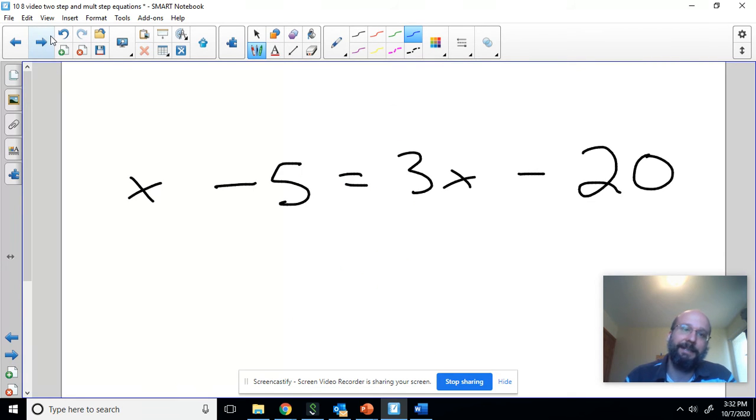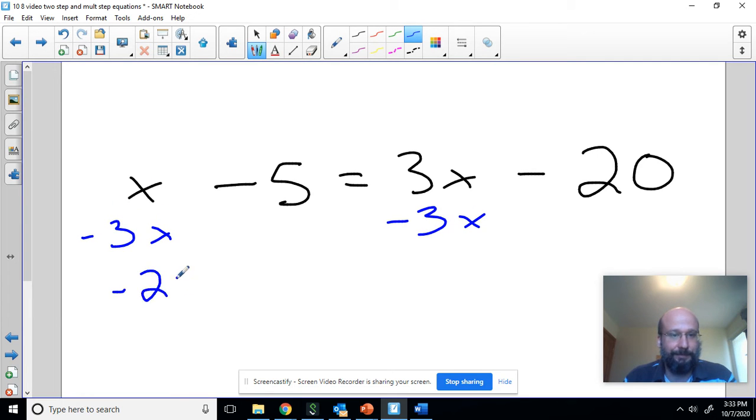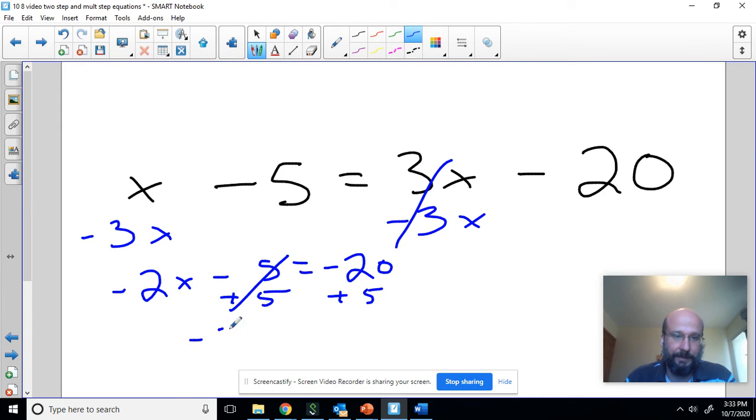Here's another one, same thing with x's on both sides. I'm going to move them to the left, so I'm going to move this 3x over by subtraction. X minus 3x is negative 2x minus 5 equals negative 20, because this cancels. I'm going to add 5 to both sides to move this 5 over.